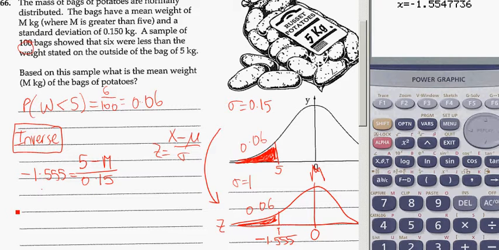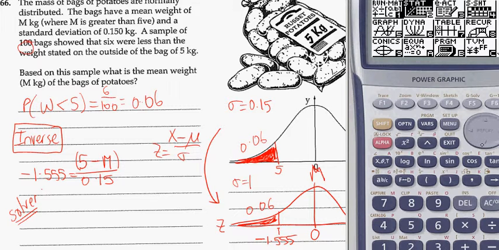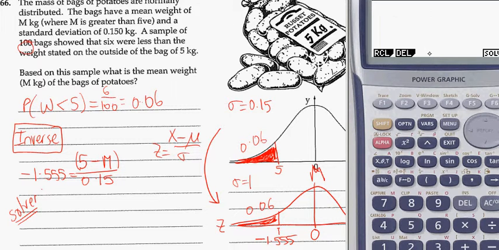Now we have a word equation to solve, and in this course it's okay to use solver at this stage. You'll have to remember to put brackets around that when you enter into solver. So we need to enter the equation: bracket, 5 minus mean, close the bracket, divided by 0.15, and that equals negative 1.555.